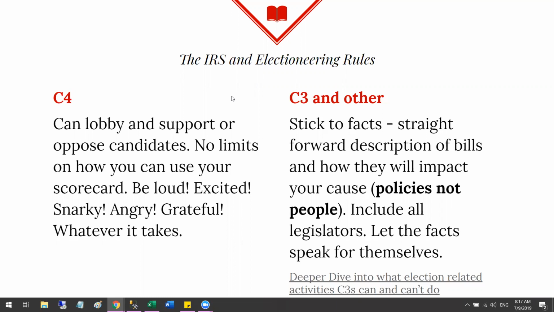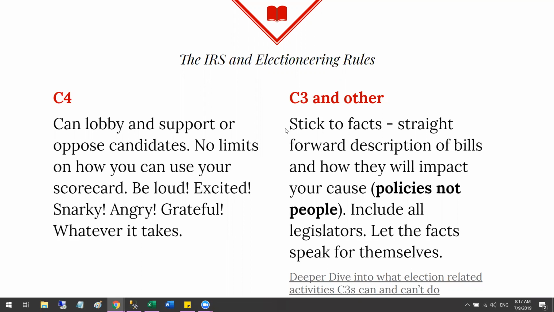Right. One of the keys is for a C3, which many of you may be, you can't call out specific legislators. So you can have your scorecard come up, you can show who voted the right way most of the time, but it has to be in the context of how everybody voted. And so you're leaving it to your viewer to draw conclusions. You're not highlighting somebody. You can't put a star next to somebody. You can't call out individual legislators.